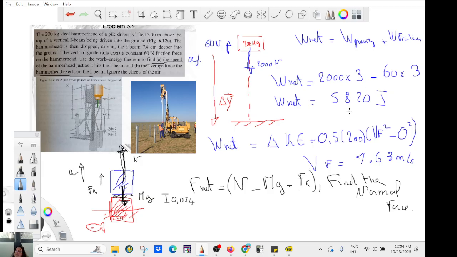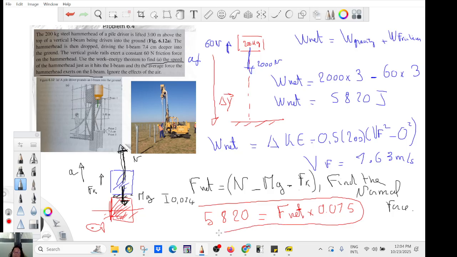And we have the energy transfer. That kinetic energy, 5820, is going to go into applying a force over a very, very small distance. So you can do that for next time.